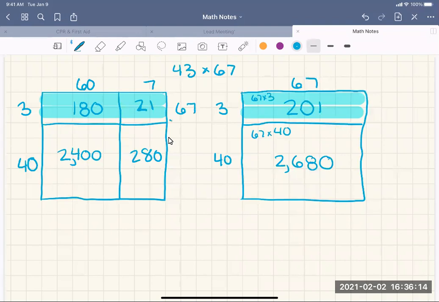So 67 times 43. So we have our 21, we have 180, we have 280, and then 2,400.